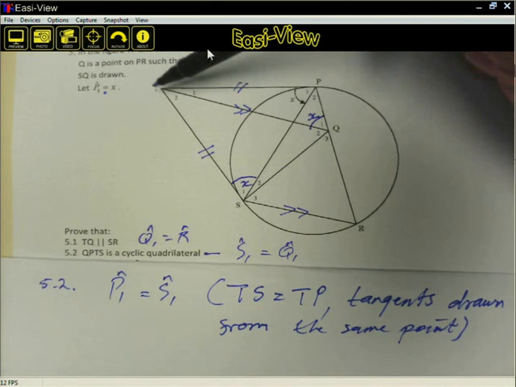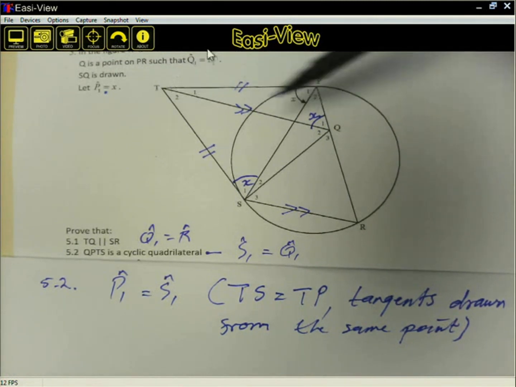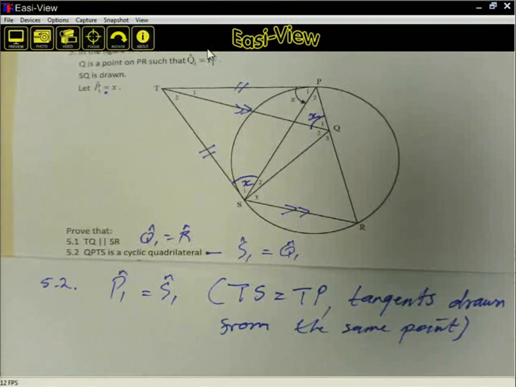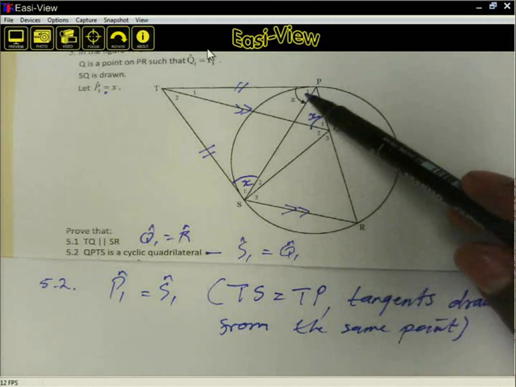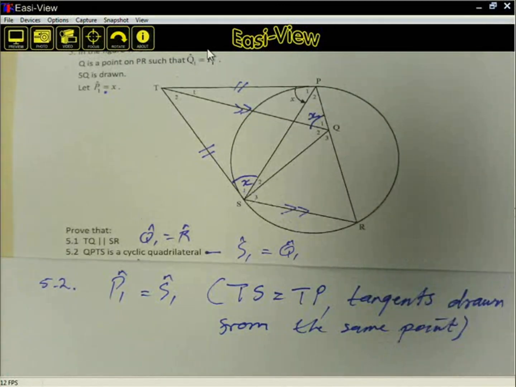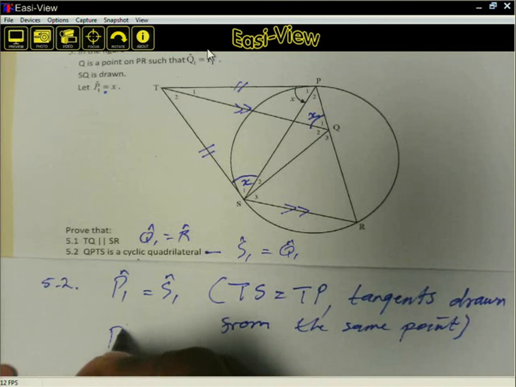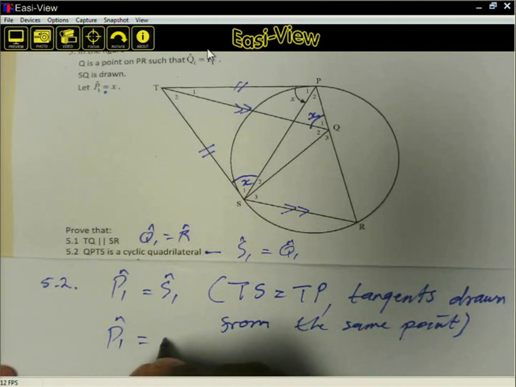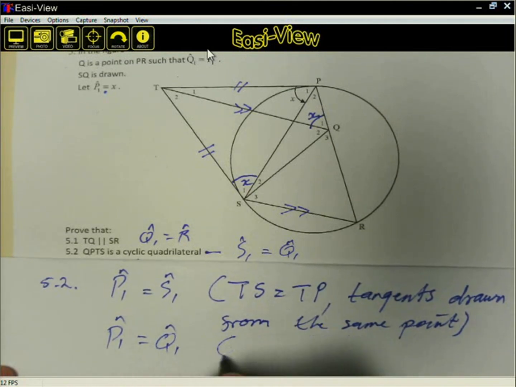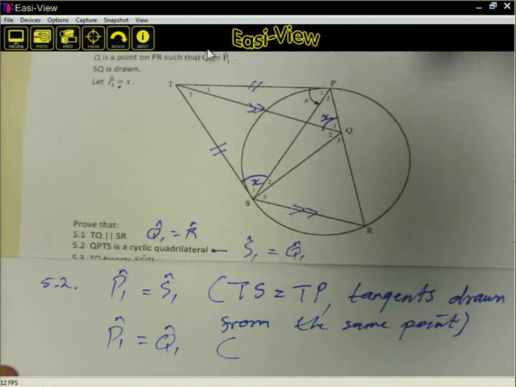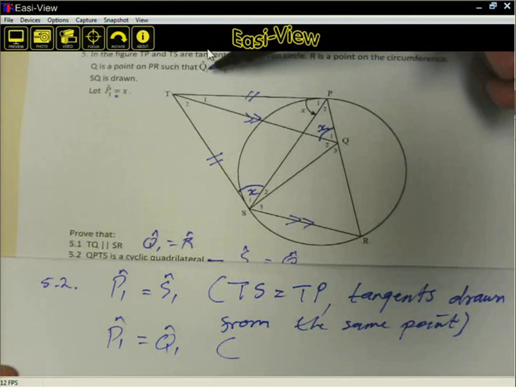That's why we say T is the common point, and that's why we say TP is equal to TS. So we've got P1 is equal to S1. But remember, P1 is equal to Q1. Why? Because check the given information. Q1 is equal to P1 from the given statement.